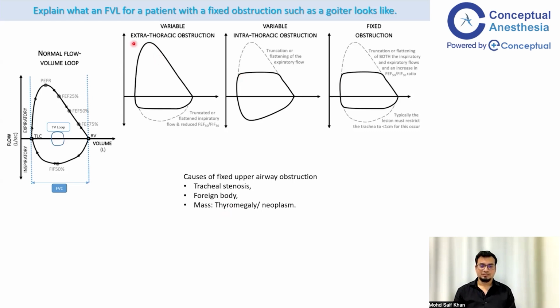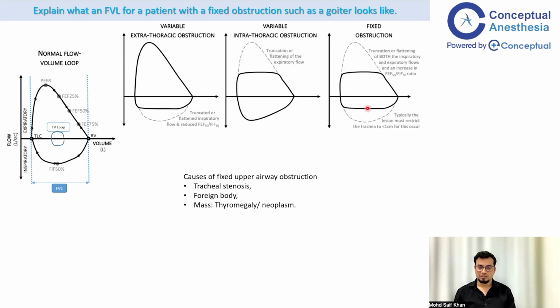So in extrathoracic variable obstruction, there will be no issue with the peak expiratory flow, but there will be truncated inspiratory flow. In case of intrathoracic obstruction, there will be problem with the expiration, but the inspiration will be normal. And in case of fixed obstruction, both inspiratory flow and expiratory flow will be blunted.